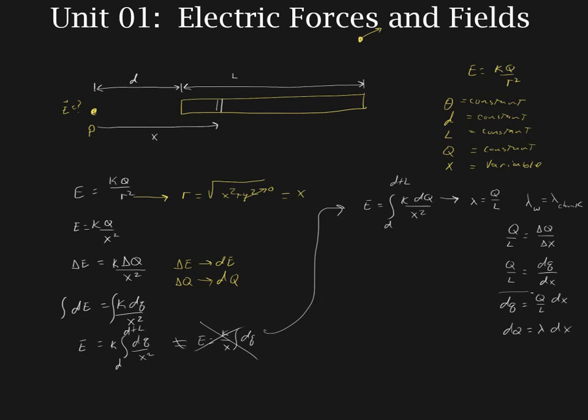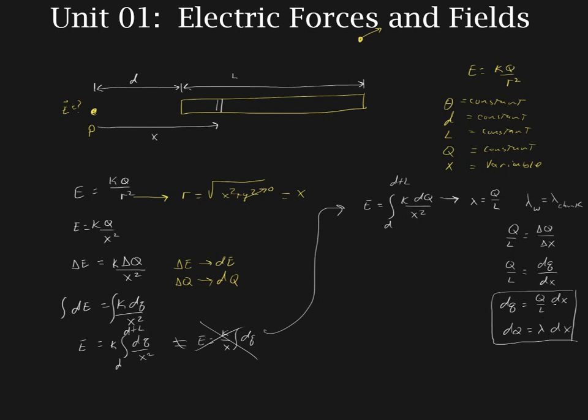Which representation you use is not all that important in those intermediate steps of the problem. Where it becomes important is when you get to the final step where you have to express your answer with the proper variables.